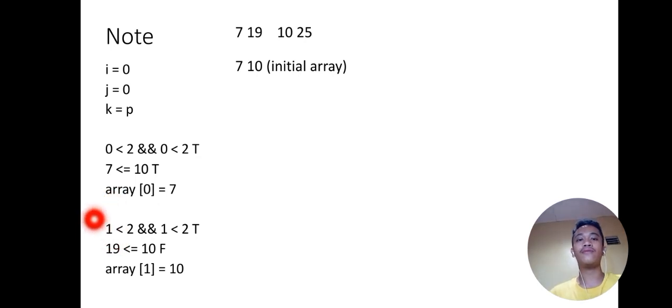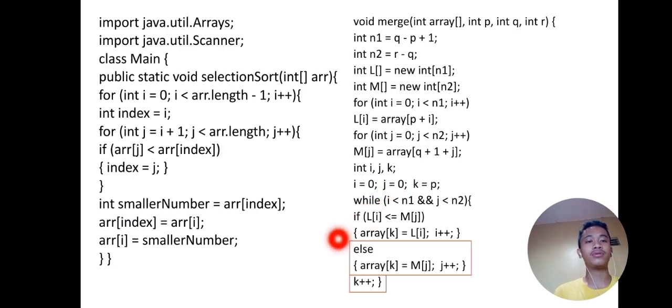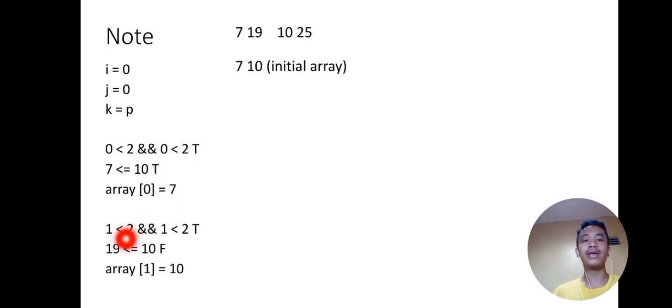So we have to continue, so increment the value. So 1 less than 2 is true, so perform 19 less than or equal to 10, which is false, so we need to jump right here to the else statement. So that is array[k], array index 1 is equal to 10, so that is why we have 10 right here.